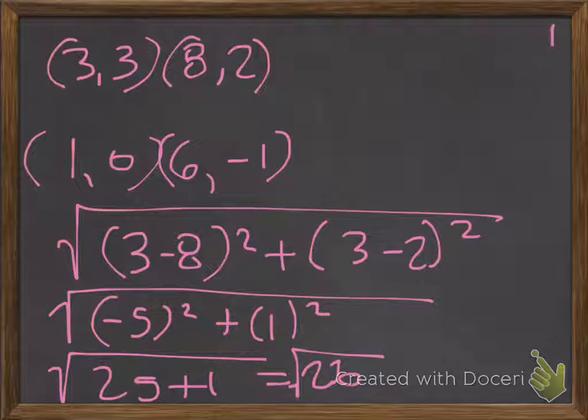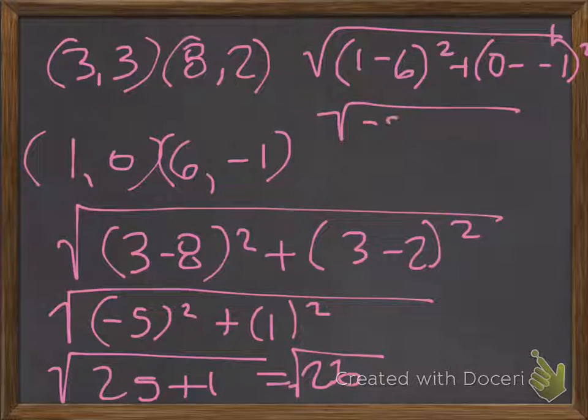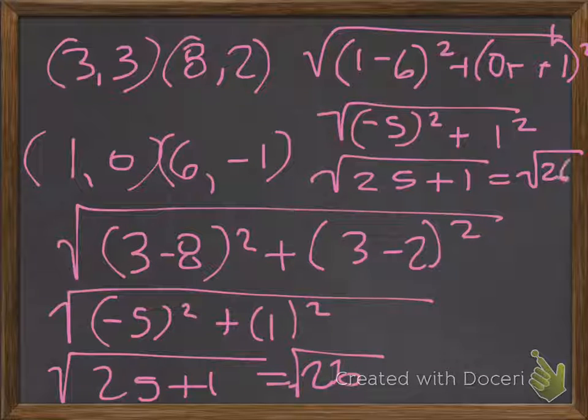So the square root of 26, and then we're going to do the same thing with 1, 0, and 6, negative 1. So 1 minus 6 squared plus 0 minus negative 1 squared, negative 5 squared plus 1 squared gives us 25 plus 1, which is again square root of 26.